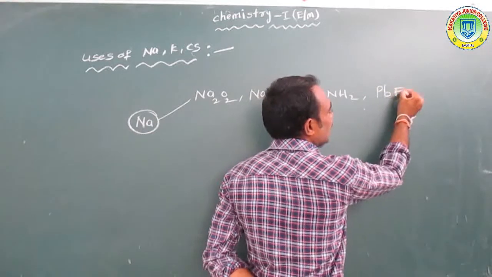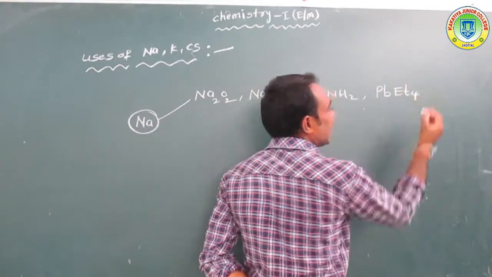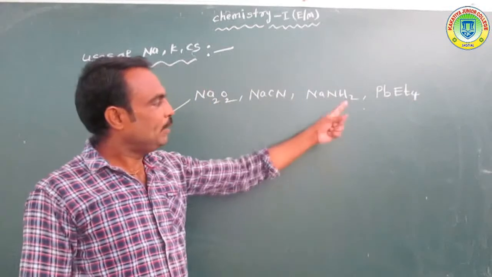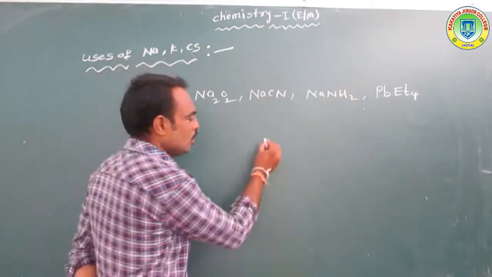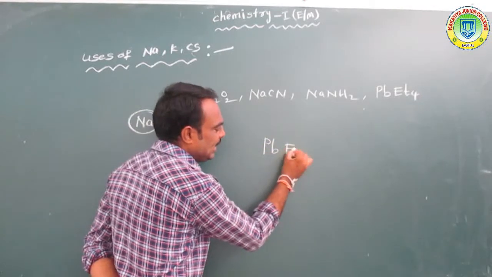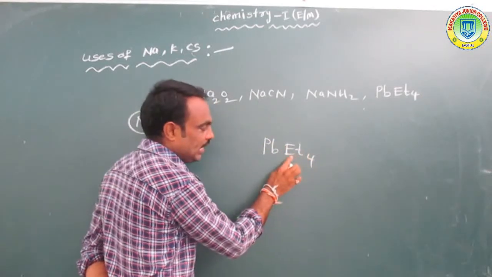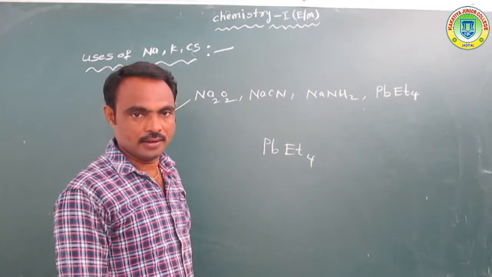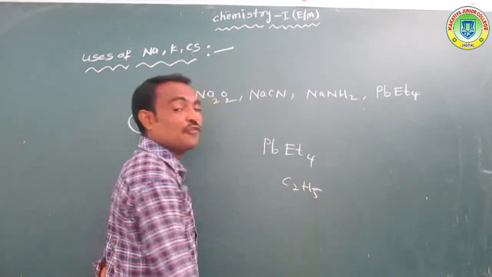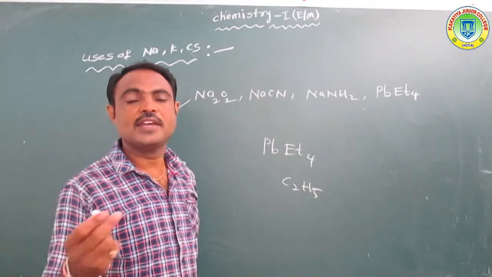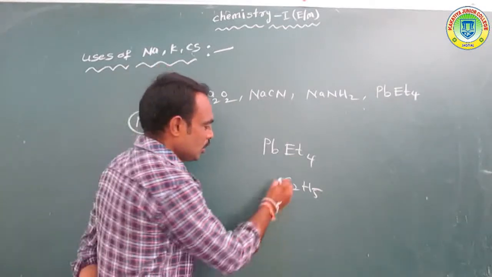PbEt4. PbEt4. Et means ethyl. So what is the formula? C2H5. C2H5 is the ethyl.